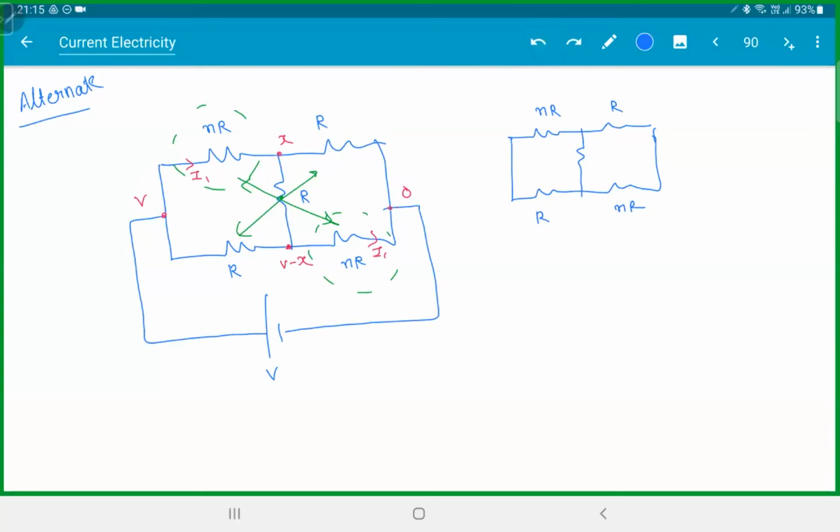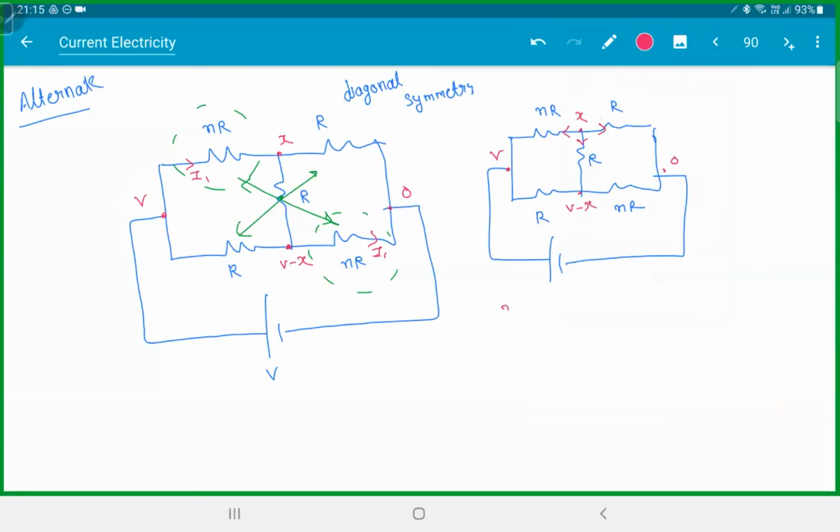So this is a diagonal symmetry. Diagonally, the currents and the resistors will be same. So if this was V, this was X, this is V minus X, this is 0.